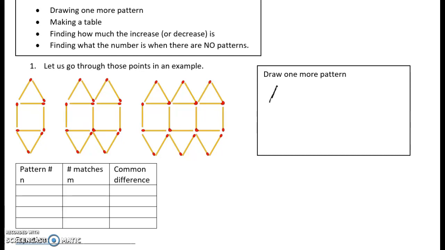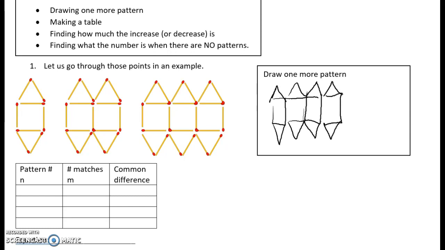So, 1, 2, 3, that's the pattern that I had. And one more. Okay, and each of those lines stands for a matchstick. So in pattern number 1, I used 1, 2, 3, 4, 5, 6, 7, 8 matches.